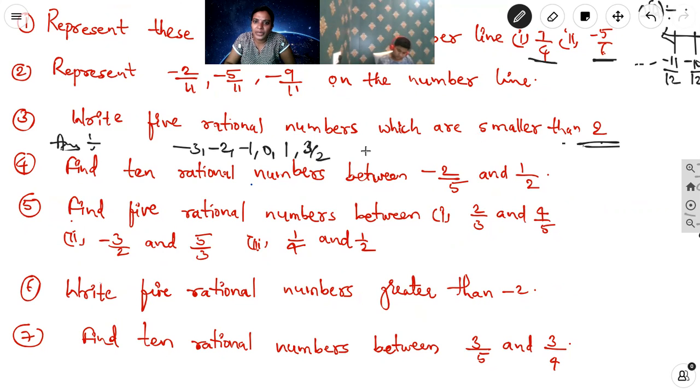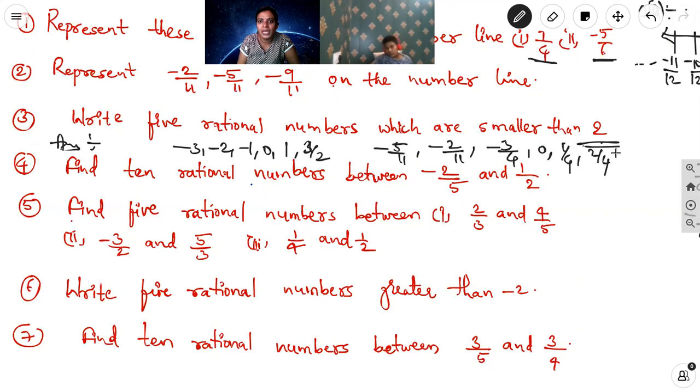Okay? You can choose any numbers which are smaller than 2, which means all negative numbers. Minus 5 by 11, minus 2 by 11, minus 3 by 4, whatever the values, 0, 1 by 4, 2 by 4, all are smaller than 2 only.